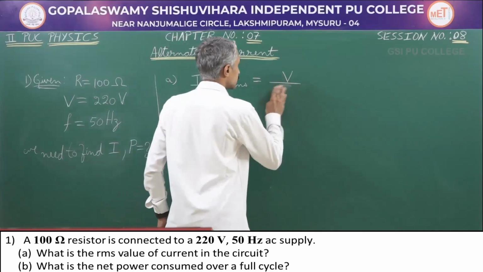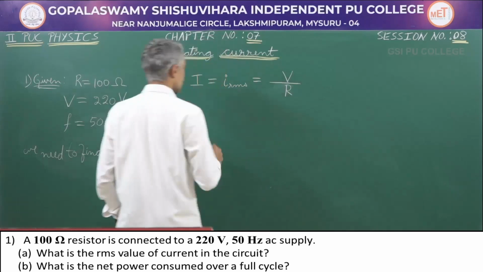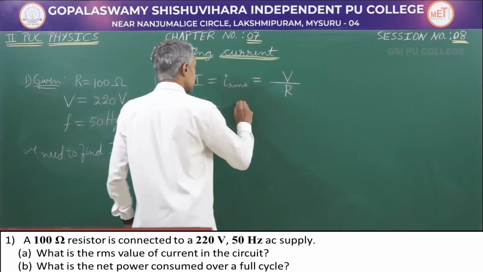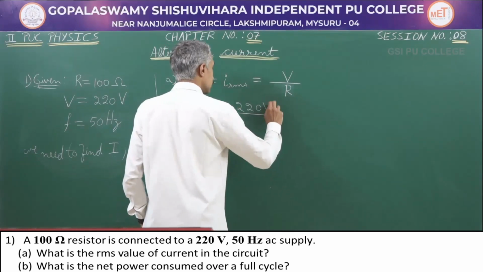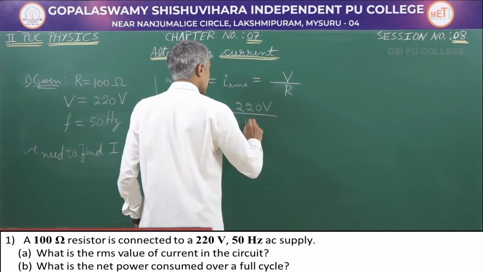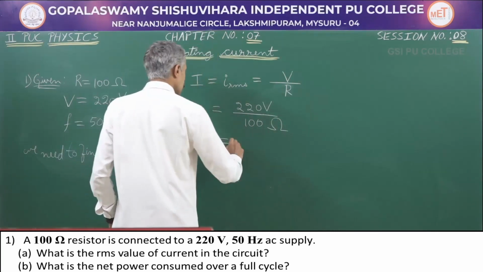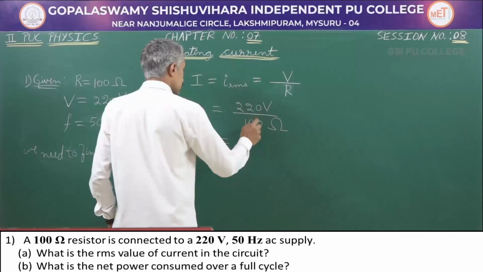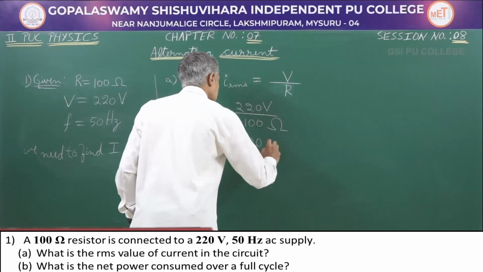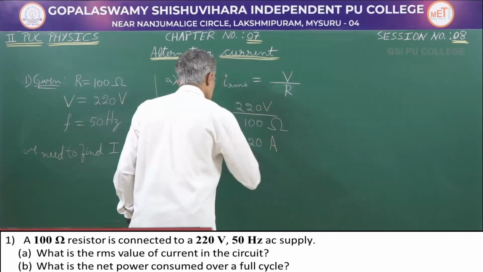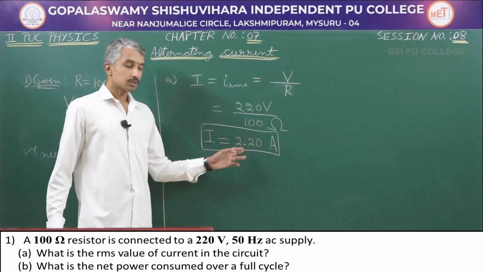So instead of impedance I can note down resistance R. So this is going to be 220 volt divided by 100 ohm. So 220 divided by 100, we will get it as 2.20 ampere. So we have found out the current.